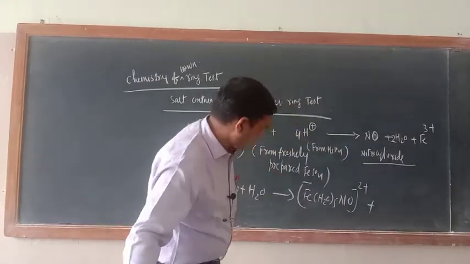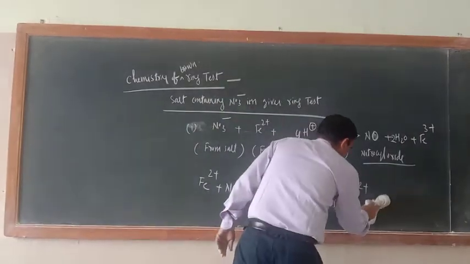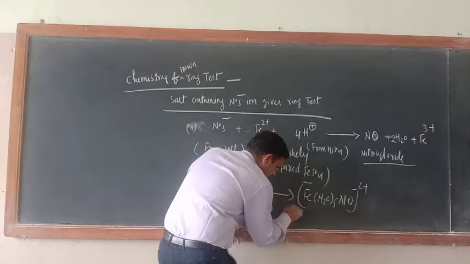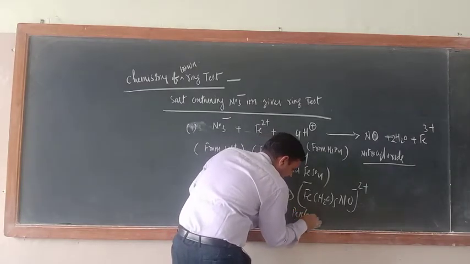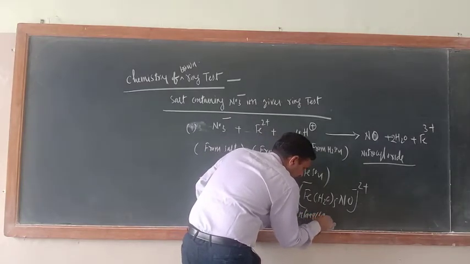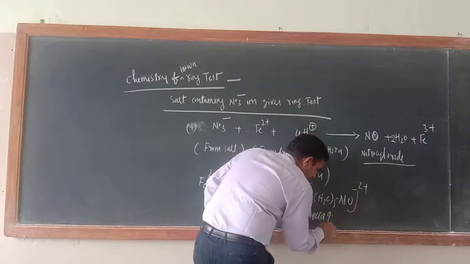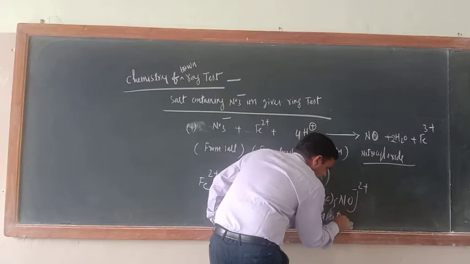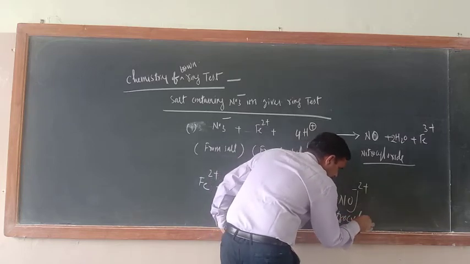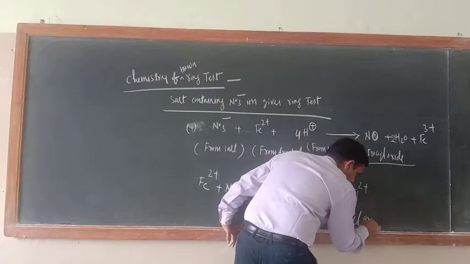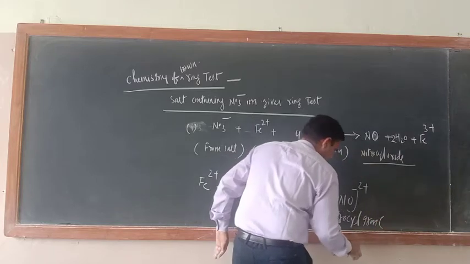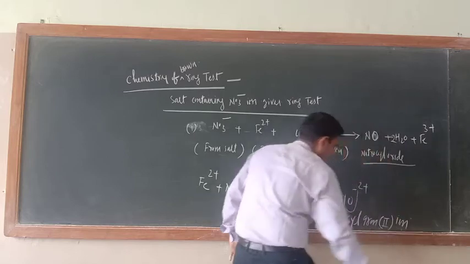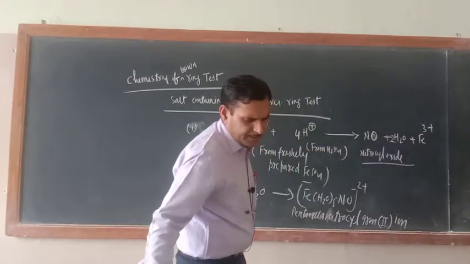So just try to understand, the brown ring is formed because of the formation of this compound. What is the name of this one? Pentaaquanitrosyliron(II) ion.